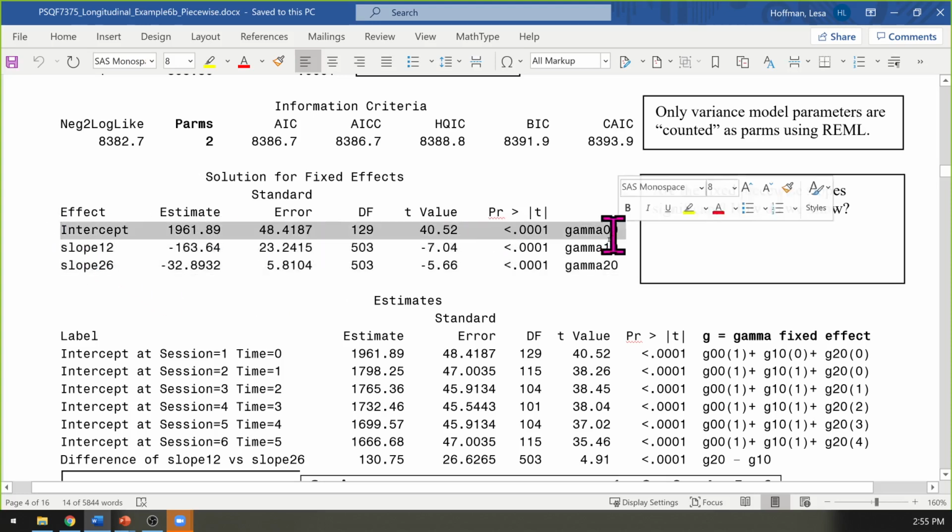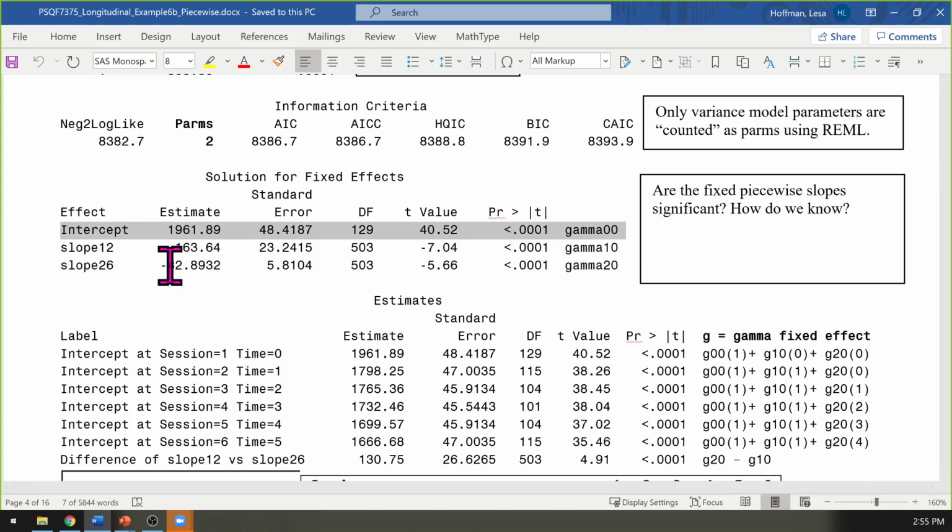This is gamma 0, 0. What is this telling me? What does the intercept represent in this model? The intercept of 1961 milliseconds is the predicted mean at time 0.